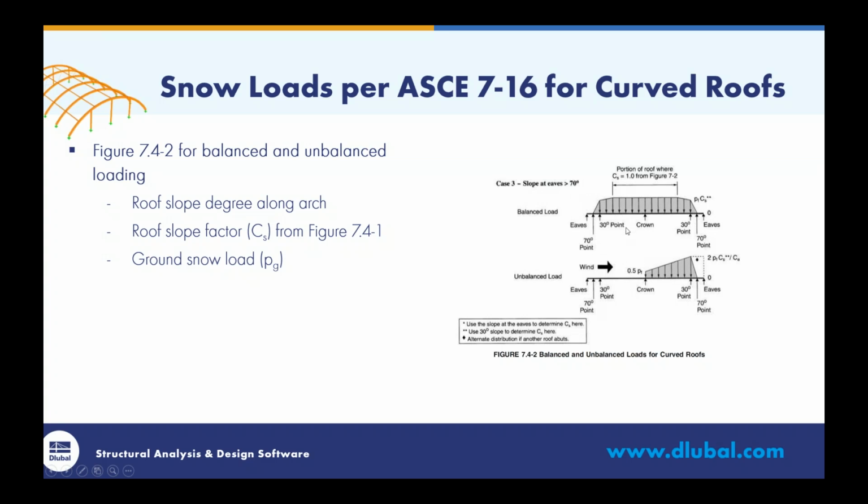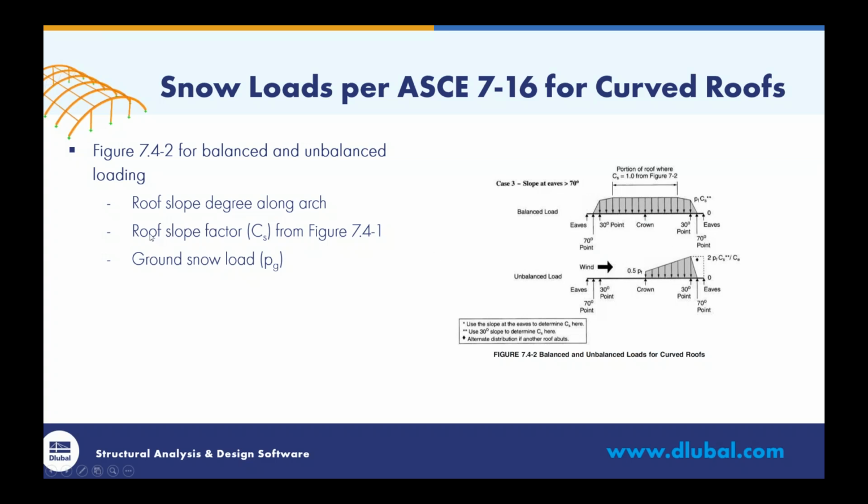So this little figure here shows us the loading that we should be applying to our curved roof based on these particular points here of our roof slope, including 70 degrees, 30 degrees. We need to know what our crown is, which is obviously the top of that curved glulam. So some geometry needs to be used here to determine these various points.